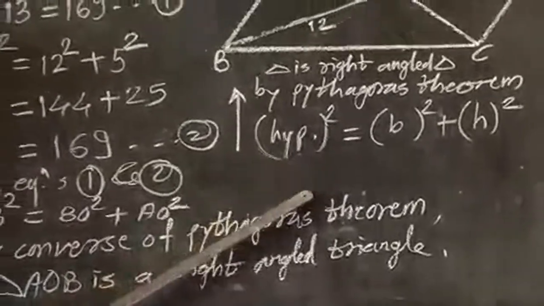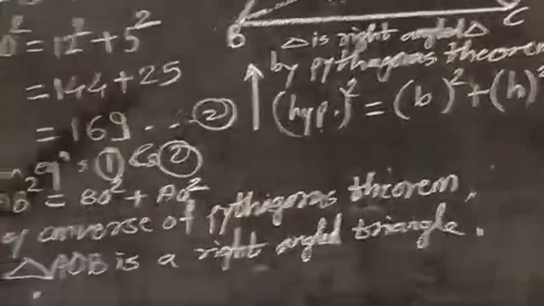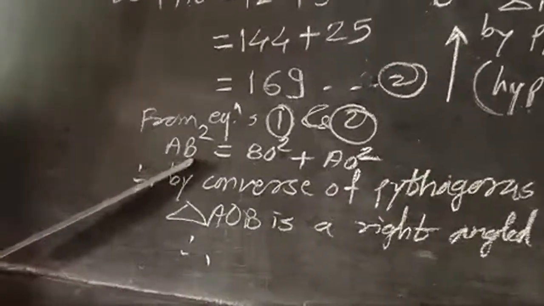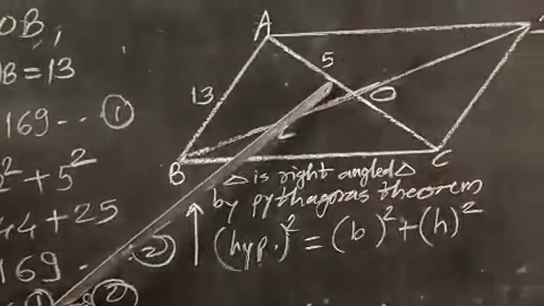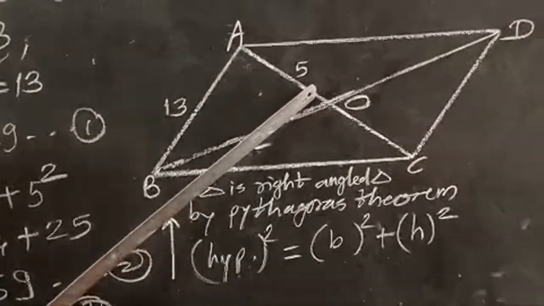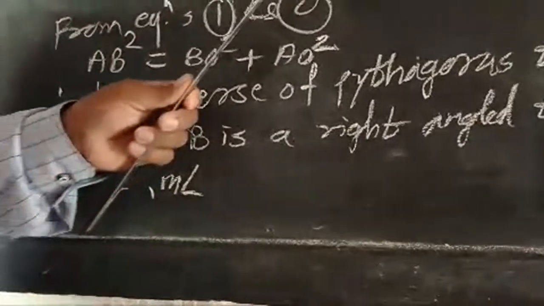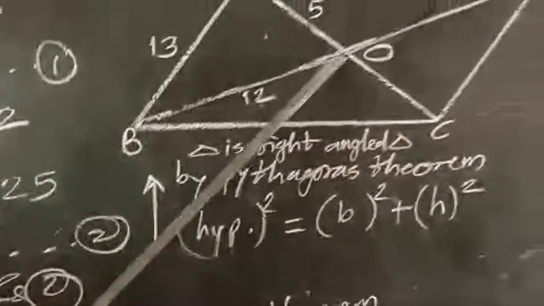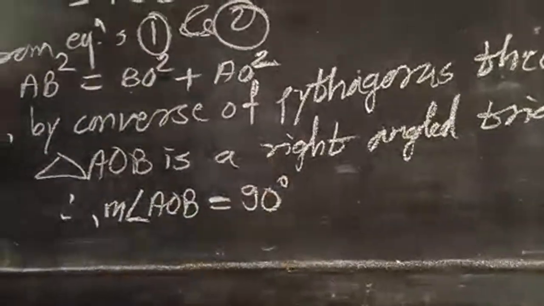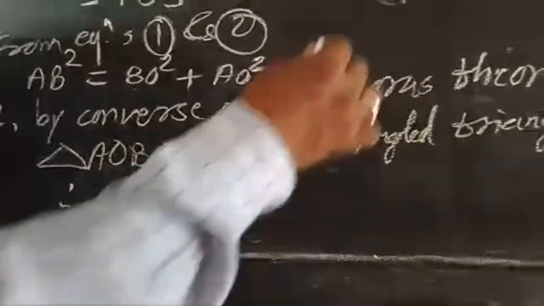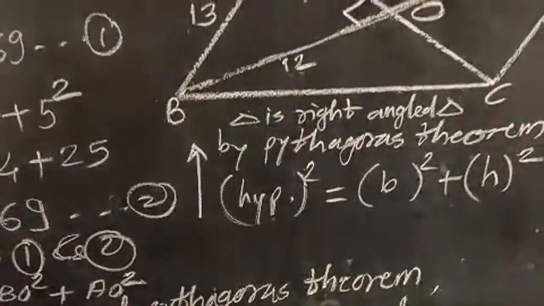The side opposite to 90 degrees is called the hypotenuse. Here the hypotenuse is AB, so its opposite angle is how many degrees? 90 degrees. Yes. Angle AOB is equal to 90 degrees.